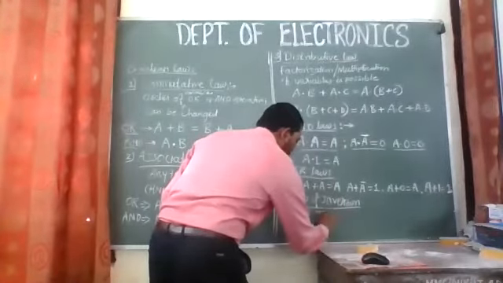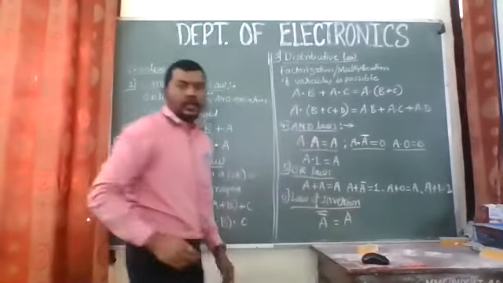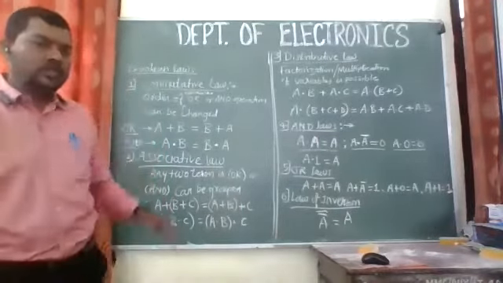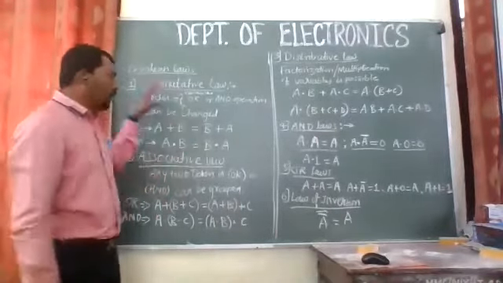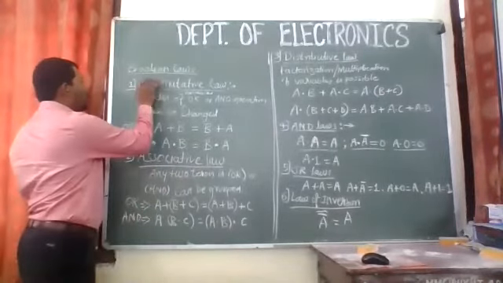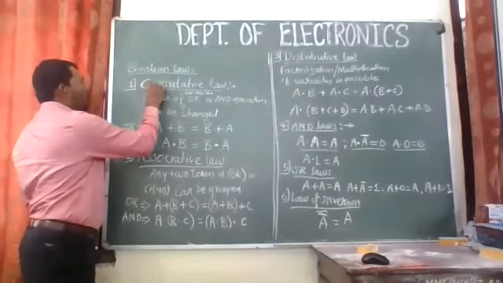A double complement will give you A. So this is the law of inversion. There are six laws. I will repeat them for you again. This is the first law, which we call the commutative law.